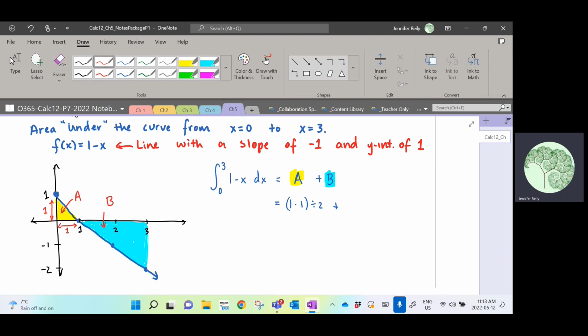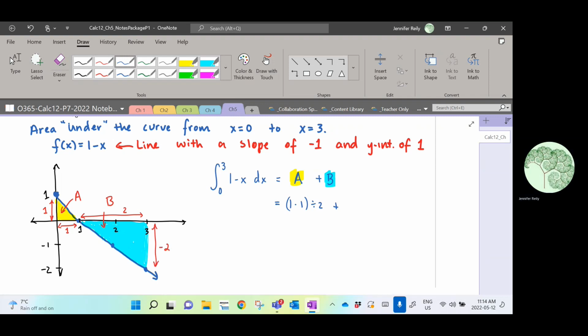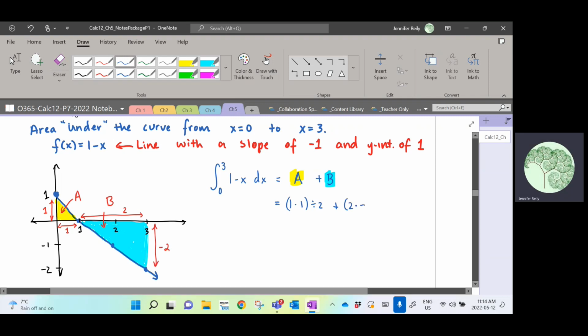So that's why it ends up being negative, because the height is actually negative. So it'd be 2 times -2 divided by 2. Okay, and we add those together. So we get a half in yellow and then -2 for the blue part.